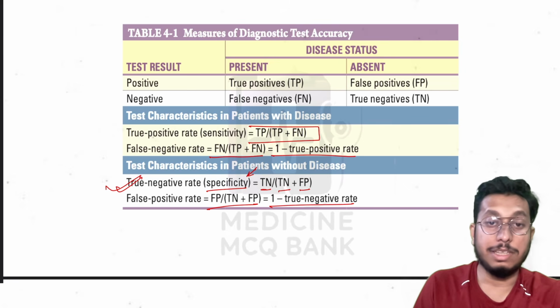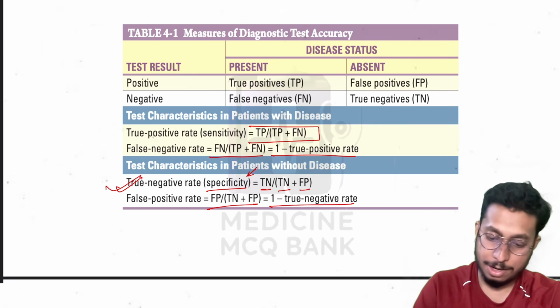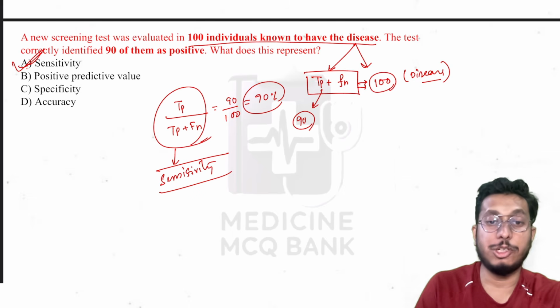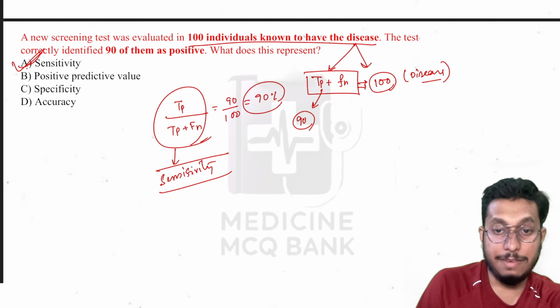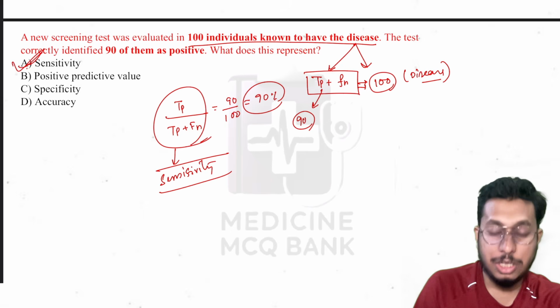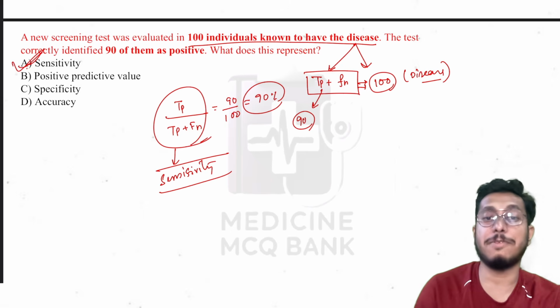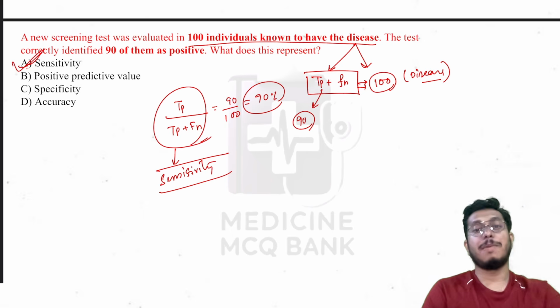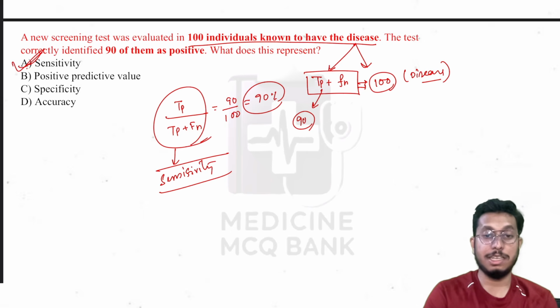Okay. Now, in such questions, what you need to remember: if the question mentions true positive among the total positive, it is nothing but sensitivity. If it mentions those who do not have disease, or the normal population, then it is most likely talking about specificity.